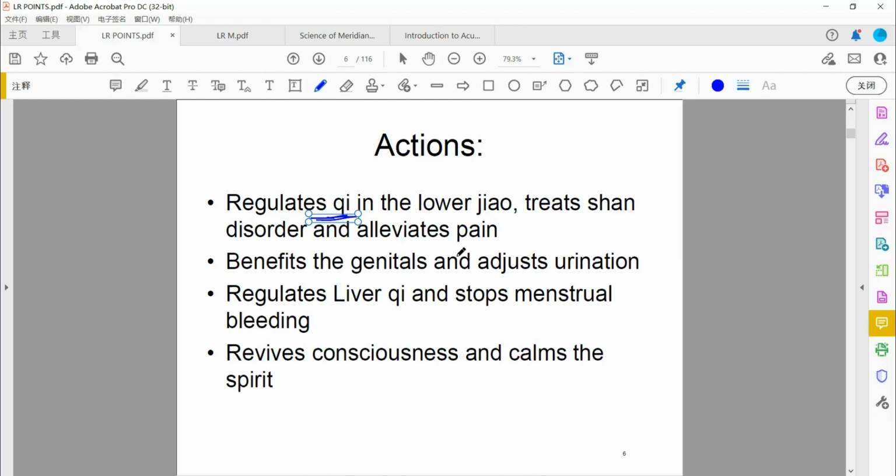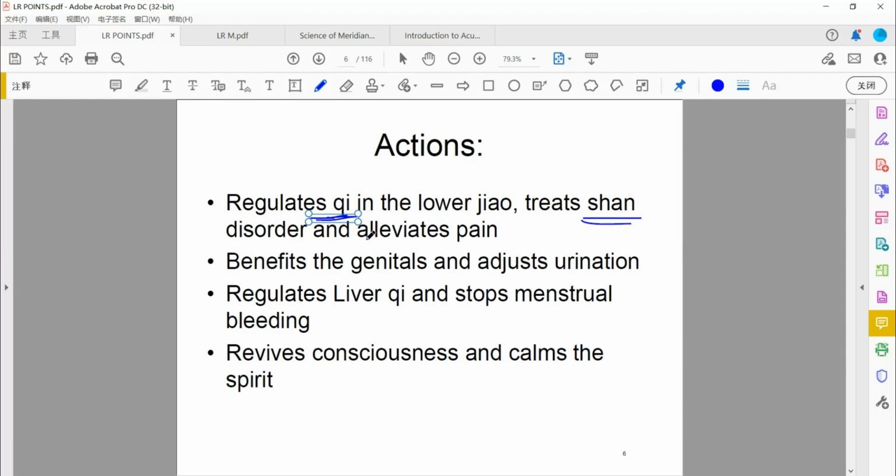In the condition that the qi cannot flow freely in the body, we need to regulate the qi and circulate it. So this point is good for regulating the qi in the lower jiao. Shan disorder, for example hernia, is a type of shan disorder.